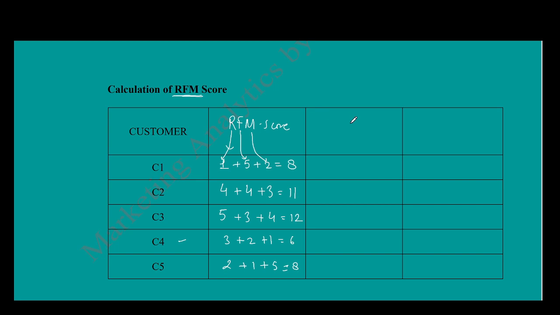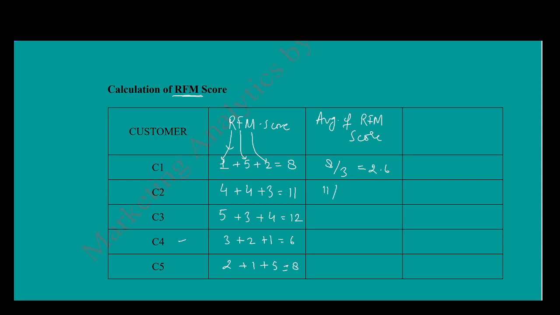What we'll do next is take the average of the RFM score, and it would be 8 divided by 3 because there are only 3 factors. This will come to 2.6.